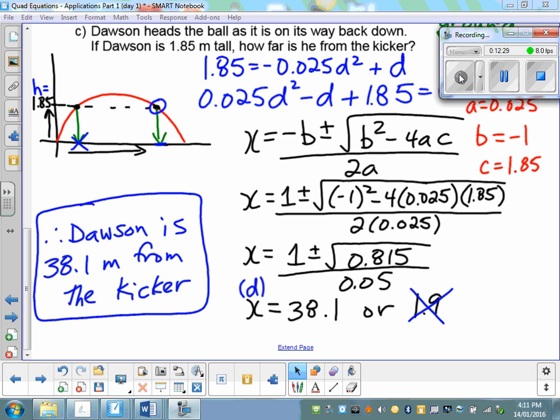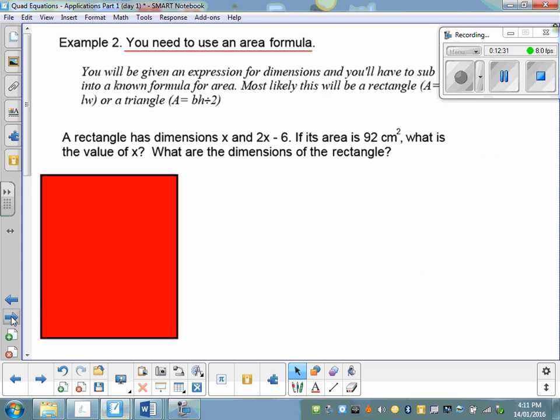All right, so we'll take a look at another example here. Sometimes you're going to get examples where you have to use an area formula. The great news is that you're only going to use the area formula if they give you an area in the question. And it's typically going to be a rectangle or a triangle. So those are formulas for area that you know.